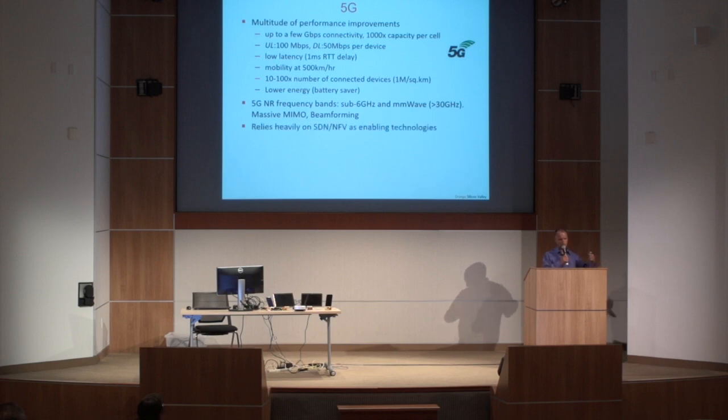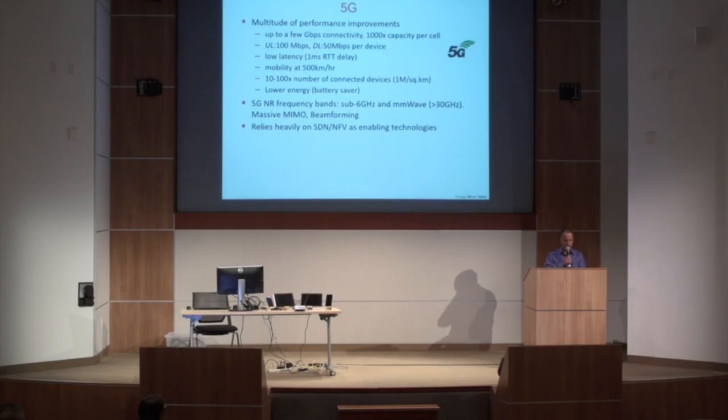So 5G is going to also extend the spectrum to the millimeter wave range, which is between 30 and 300 gigahertz, using technologies such as massive MIMO for beamforming. And 5G also relies heavily on SDN and NFV as enabling technologies.